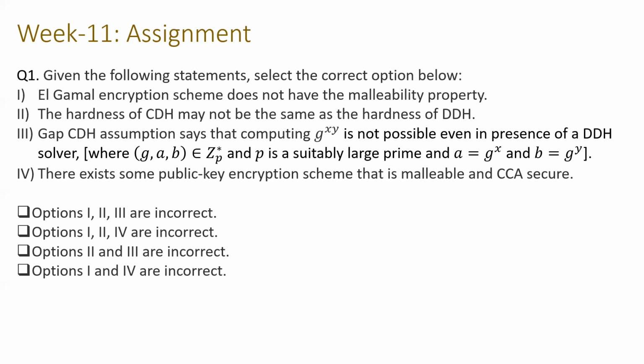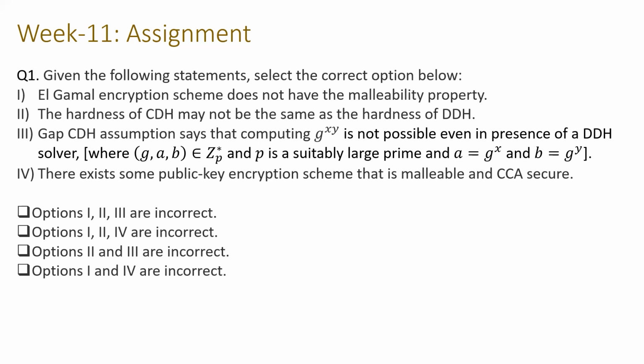The DDH problem says that, given A comma B to the adversary, if the adversary is also provided with a triplet A comma B comma C, where C is g to the power z for some random value z belonging to Zq, then this triplet should not be distinguishable from A comma B comma g to the power xy.